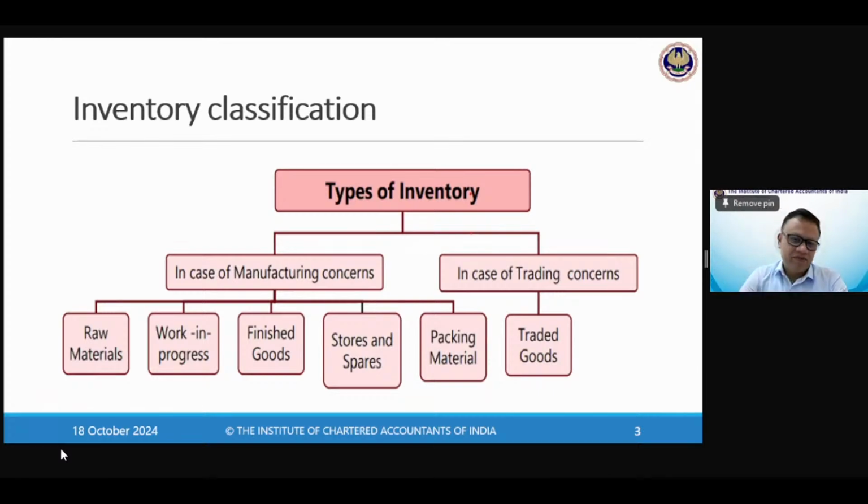Apart from that, manufacturing concerns are usually large industries, so there will be stores and spare materials that also comprise inventory. Secondly, since these are produced in bulk, the manufacturer will give it to the wholesaler, wholesaler will give it to the retailer. So there's an entire process. For that reason, in merchandise, packing material is also one of the inventory, and they are also kept in huge numbers. So this is how inventory has been classified for manufacturing and trading concerns as the types of inventory.